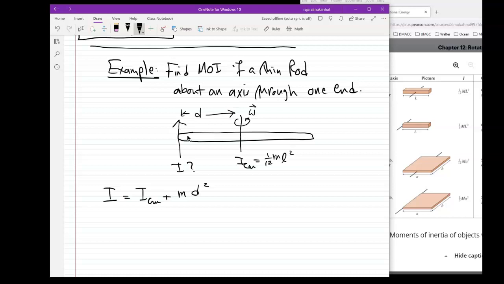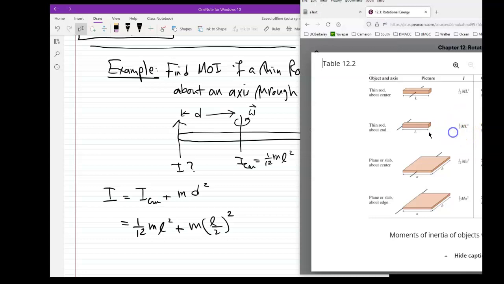And for our case, it's basically L/2. I hope you believe that, right? So that's going to be 1/12 ml squared plus m, L/2 squared. If we do this correctly, the answer should be this expression right here, because that's for the moment when I'm on the side.